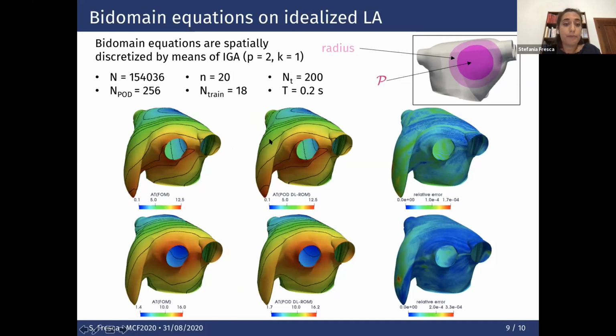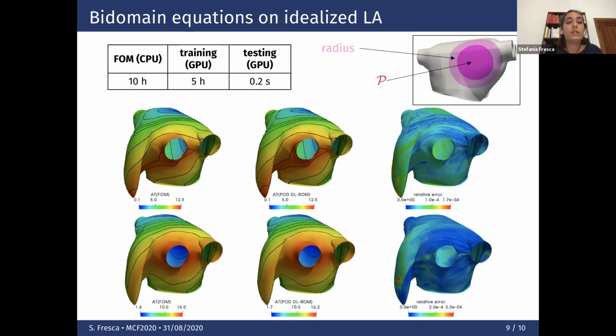This is highlighted by the shape of the control lines, which change over the parameter space, indicating that the direction of propagation of the front changes over the parameter space. Finally, we trained the network in 5 hours, and for the testing time, we again achieve real-time results.